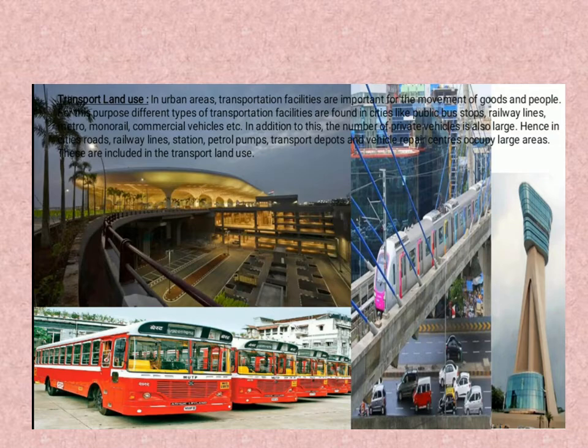Hence, these all are included in transport land use. And the pictures are of an international airport. Can you see over there? International airport, the bus depot, metro train, ATC, traffic control, highway, facilities for transport purpose.